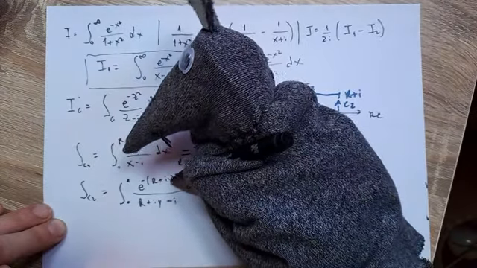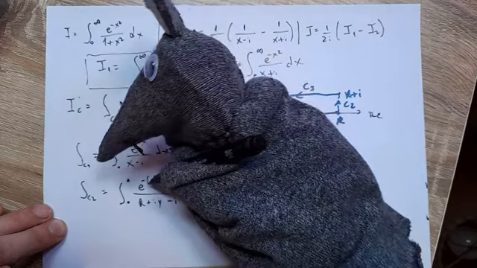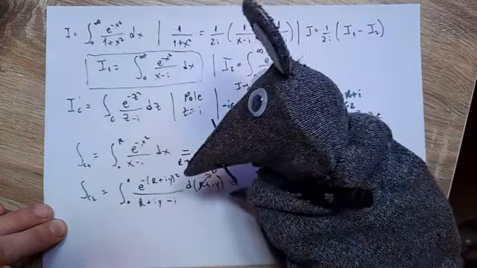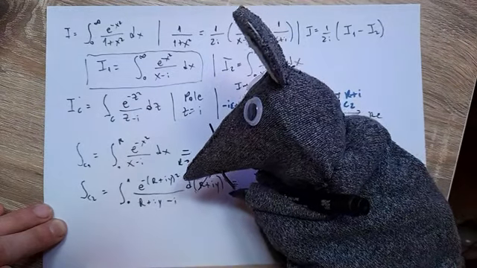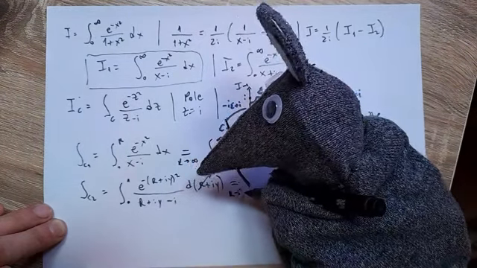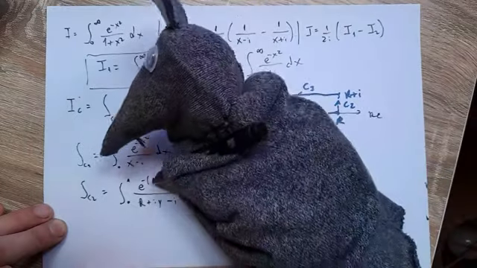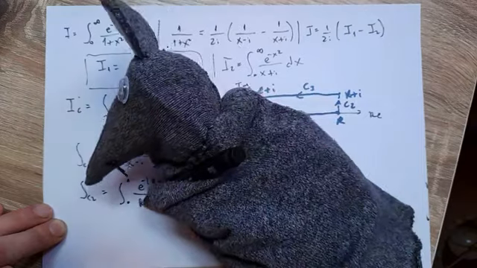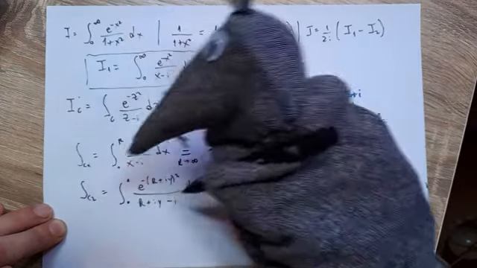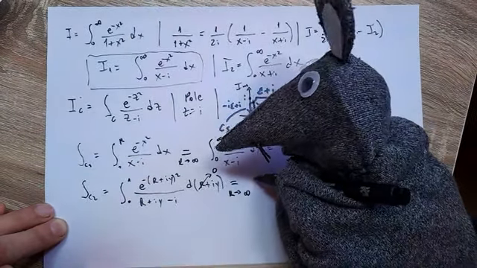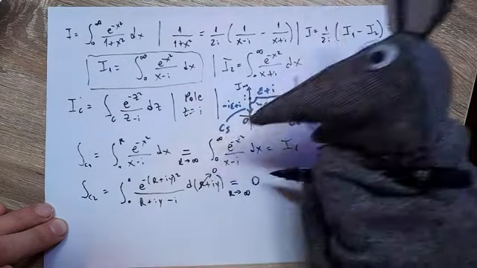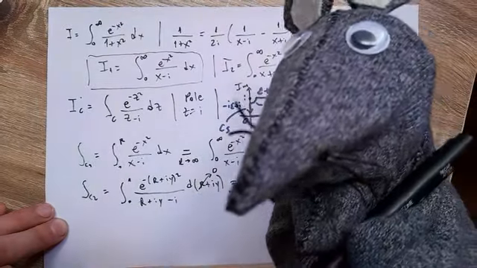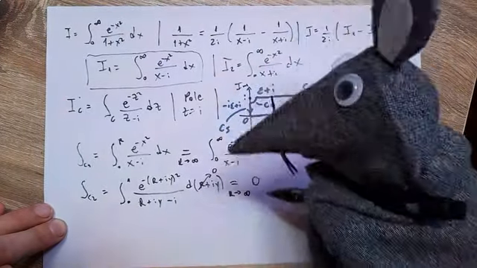The y is bounded, so the real part R will dominate as R goes to infinity, because we get exponential of minus R times something. Also, we have an R in the denominator, so in the limit as R goes to infinity, this will go to 0. That's why we take limits as R goes to infinity, because the integrals simplify.